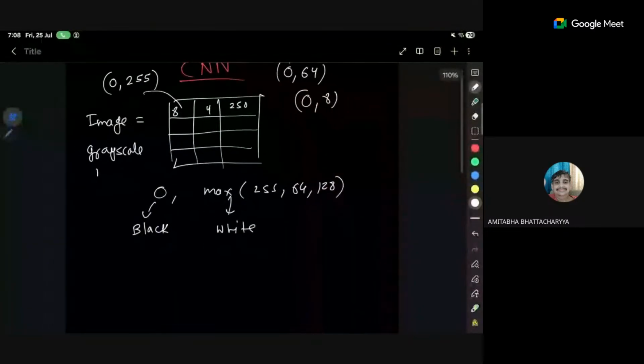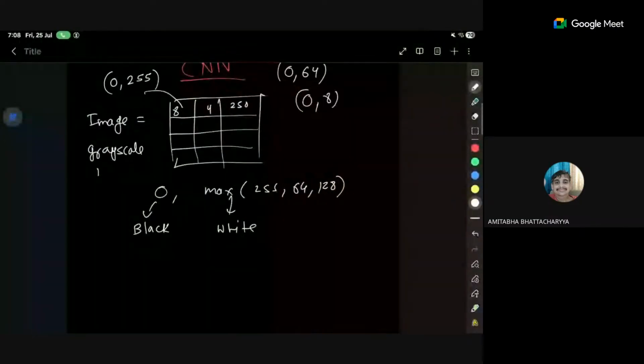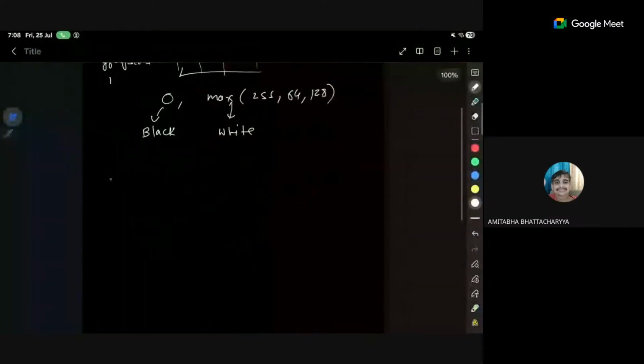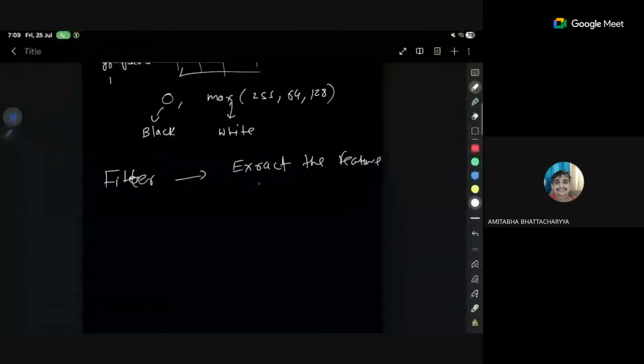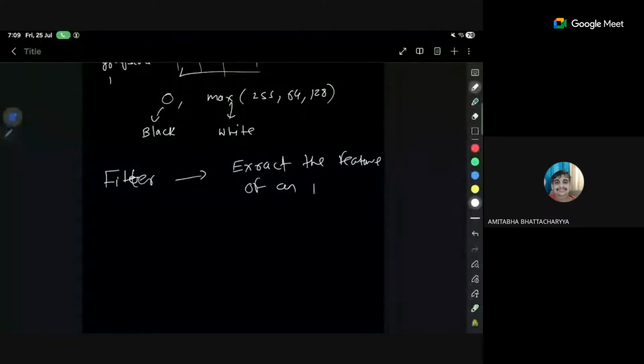Now what we need is something called a filter, which can extract the features of an image. That's what we require from a filter.